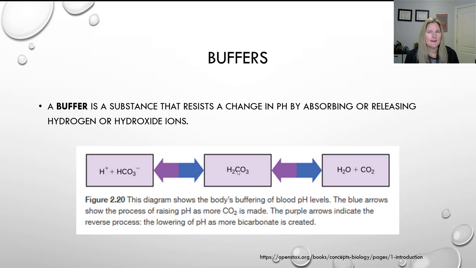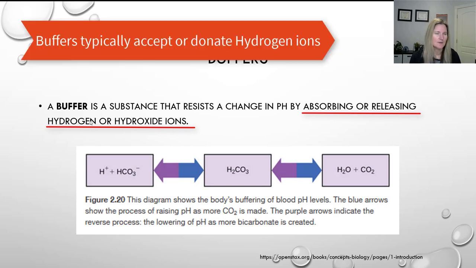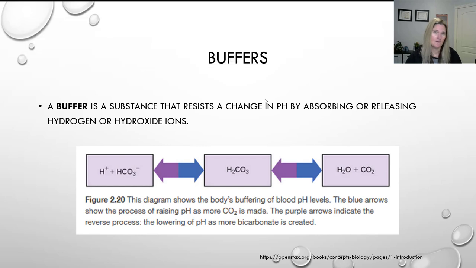And then finally, the last part of this chapter gets into buffers. Buffers are basically substances that will either accept hydrogen ions or donate hydrogen ions, typically. Sometimes they'll donate hydroxyl ions. By doing that, they're removing the hydrogen ions from the solution when there's too many.